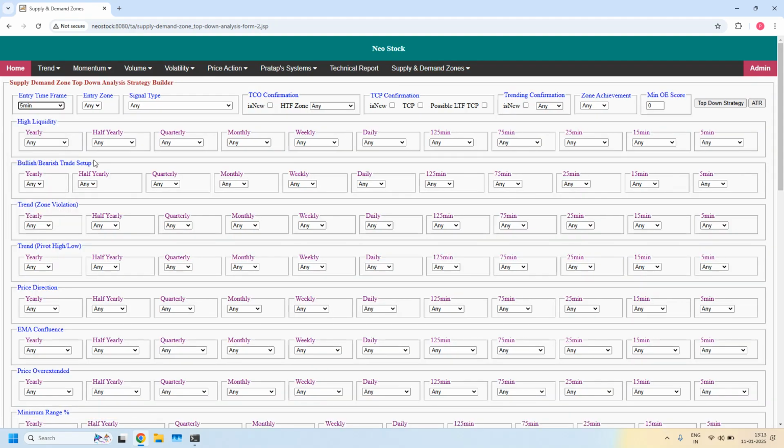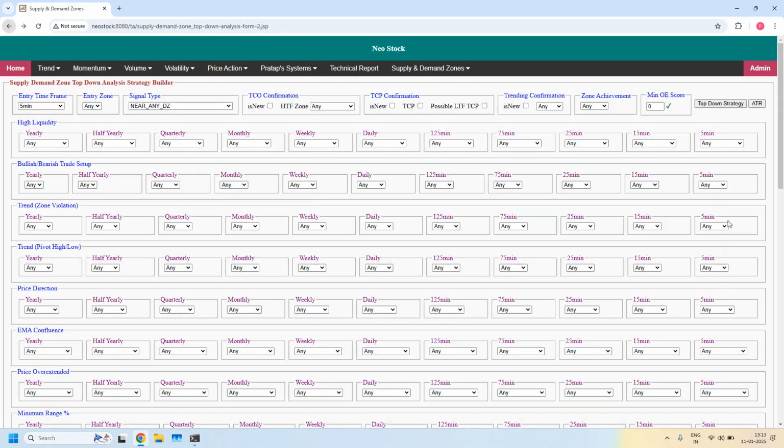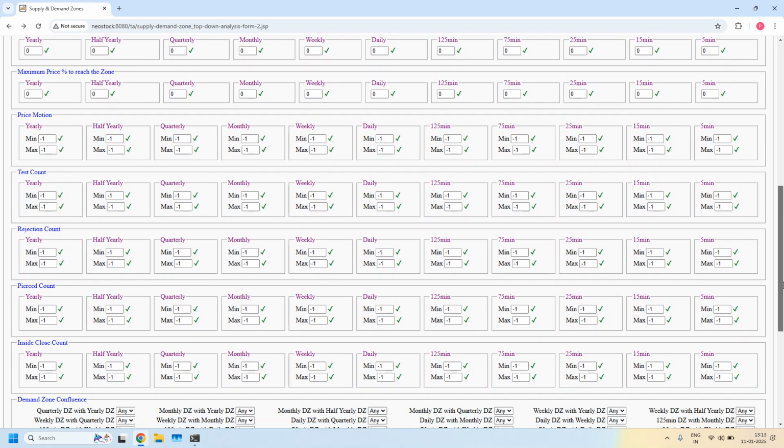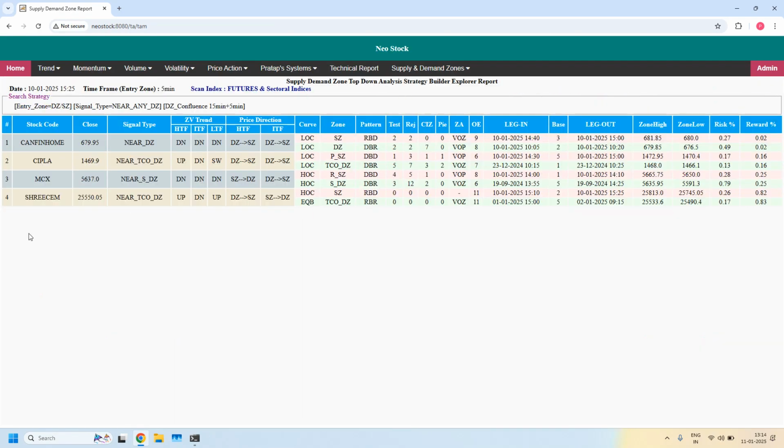Okay, next time frame is 5 minutes. Stocks near 5 minutes demand zone. We got 6 stocks. Let's verify out of these 6, are any of the stocks having ITF demand zone confluence, that is 5 minutes demand zone with 15 minutes demand zone confluence. I am enabling this filter. Now the list has come down to 4.